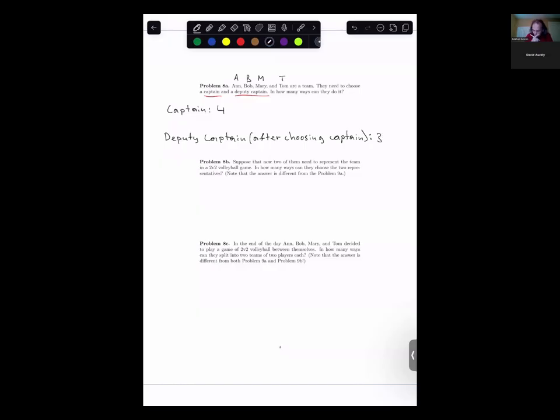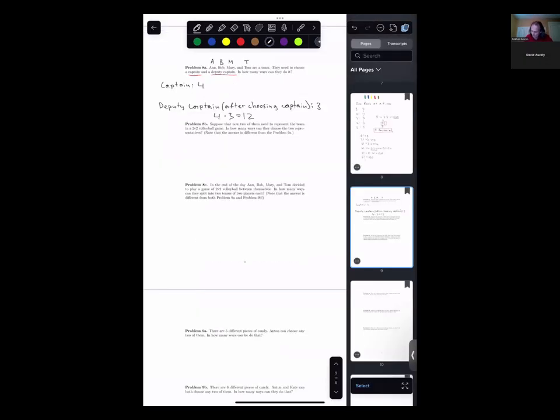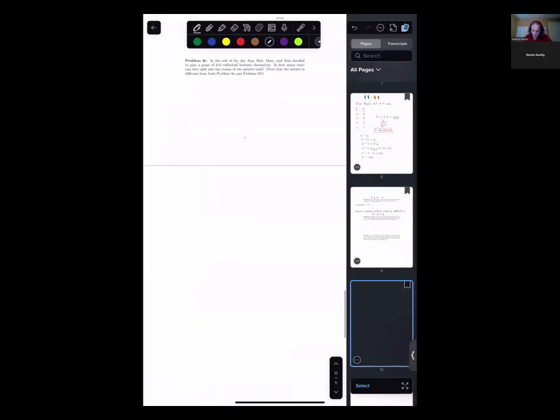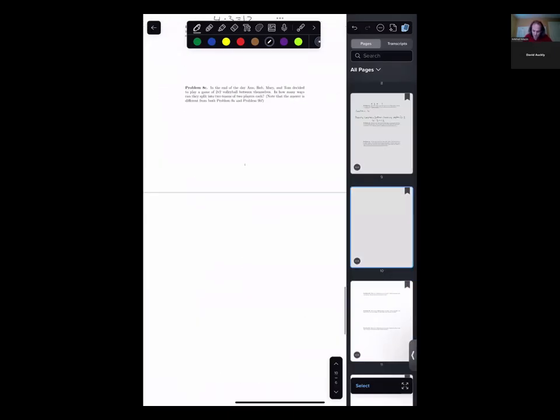Because one of the kids is a captain and the deputy should be somebody else. So we have four times three, 12. So it's again just the multiplication principle. In fact, just for the purpose of the next two problems, I want to actually list all of these options. So we have 12 options, right?